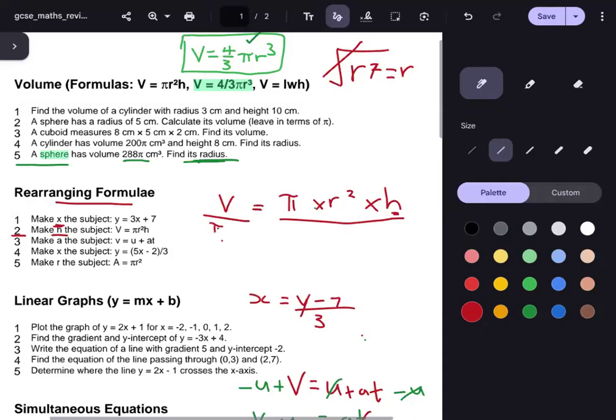Pi times R squared here, and then this side as well, pi times R squared.